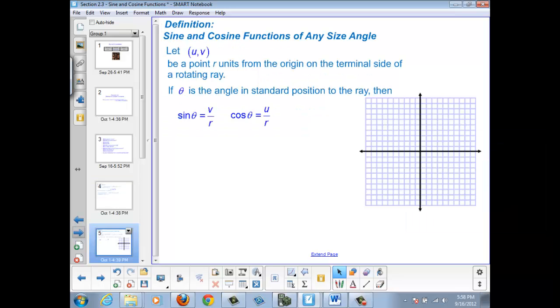Sine and cosine functions can be measured for any angle, not just the angles in a right triangle. So we're going to let u, v be a point r units away from the origin on the terminal side of a rotating ray. So let's take a ray.